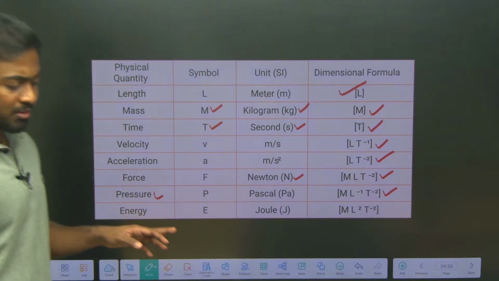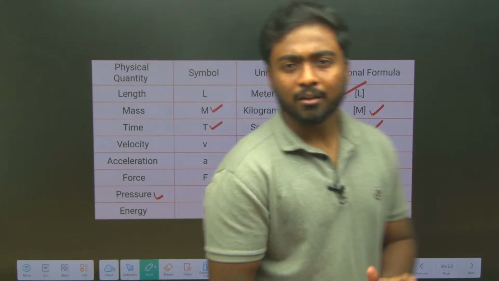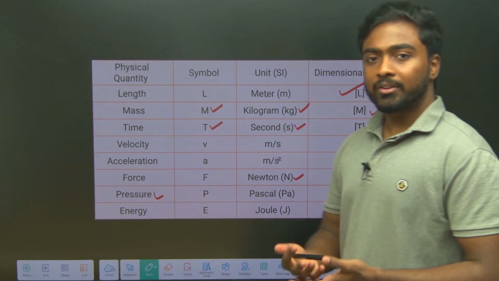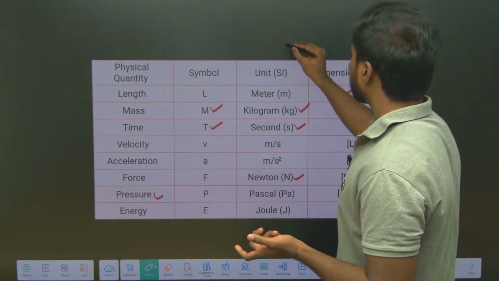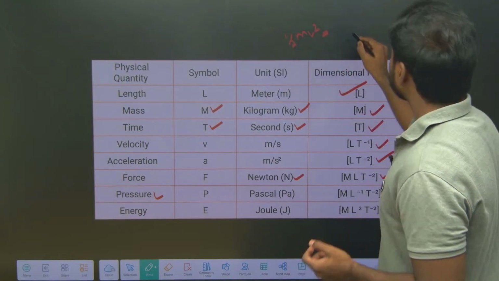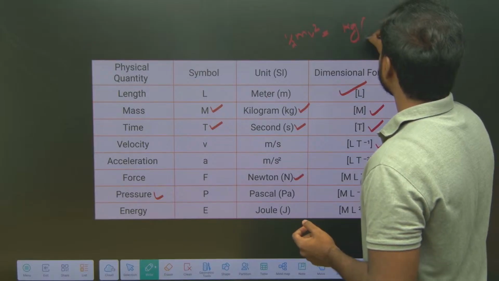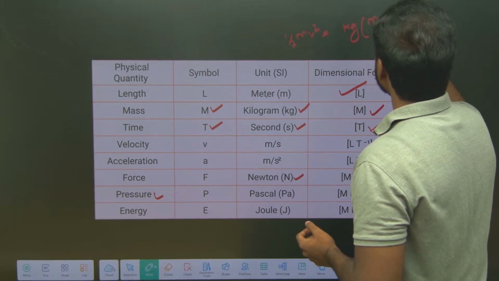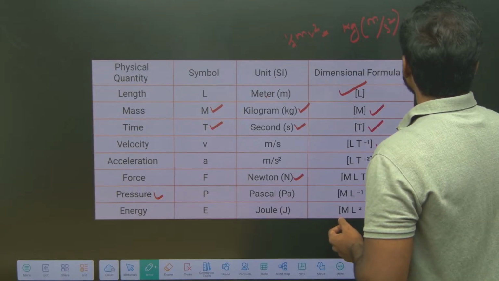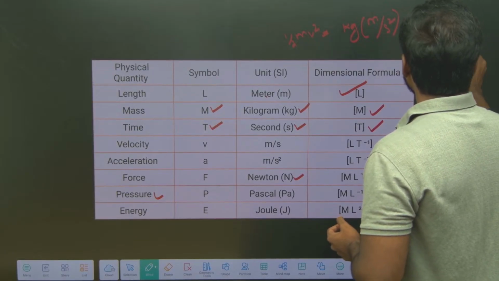Energy: what is energy? Kinetic energy, potential energy we have seen, and we know the formula, half m v square. So what is m? kg. What is v square? Meter per second squared, which is nothing but meter square per second square. So M L power 2 T power minus 2.